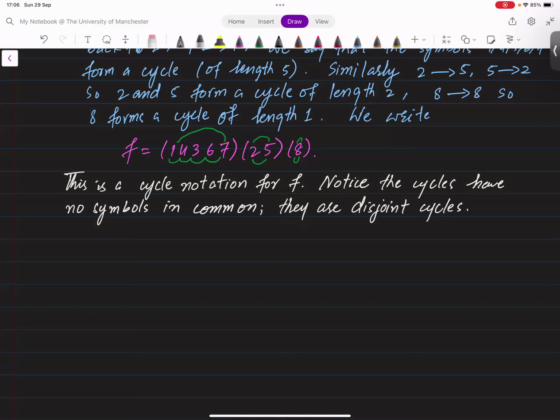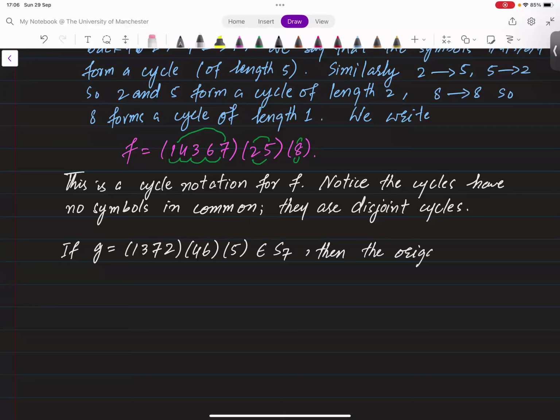So for example, if G is the cycle (1, 3, 7, 2)(4, 6), with 5 fixed in S7, then the original notation for G is: we have 1, 2, 3, 4, 5, 6, 7.